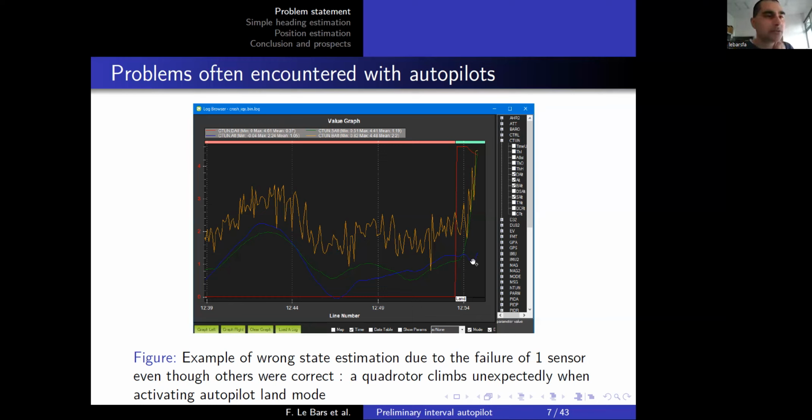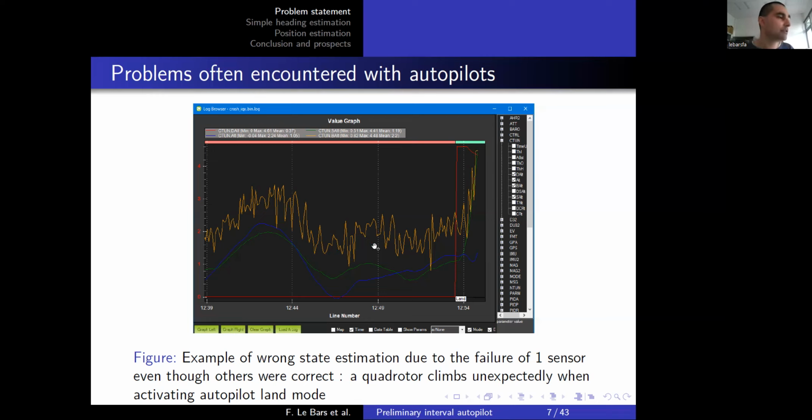I guess in this case, the autopilot is mainly working on the vertical speed estimation. For that, it probably uses a lot the vertical accelerometer, which can be easily disturbed by vibrations. And in reality, on this specific drone, we realized that there were real problems of vibrations, and that was probably the main cause of the problem.